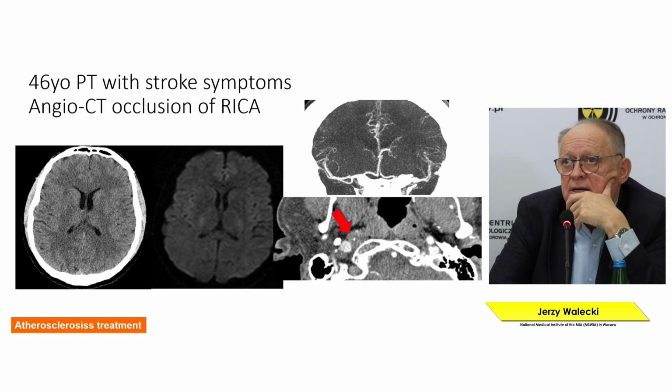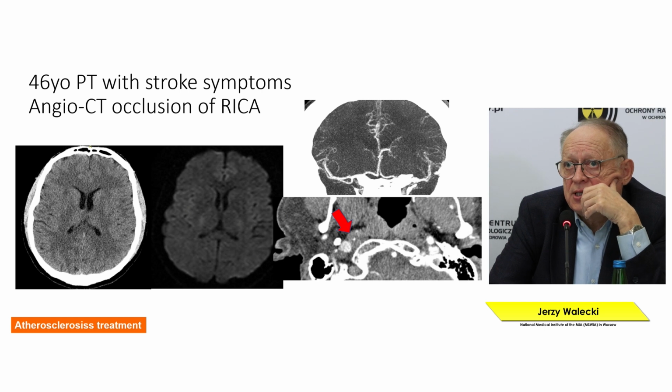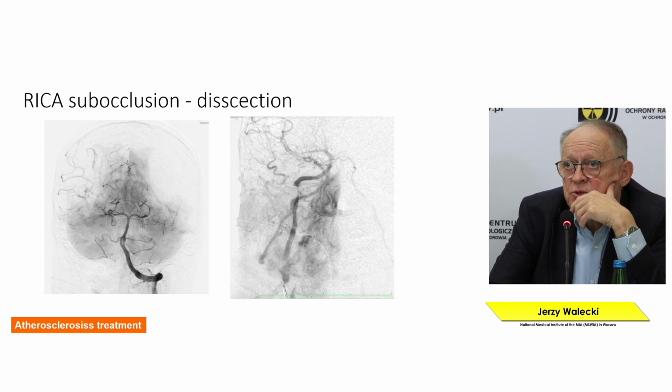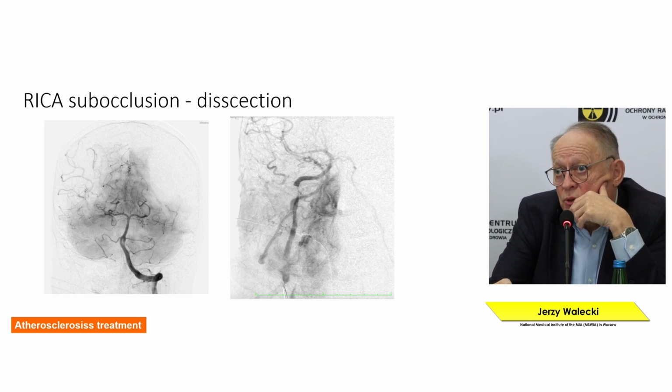And another patient with stroke symptoms. This is angio-CT, which shows occlusion of the carotid artery, and here we can see the dissection, a subocclusion dissection, which is quite critical because that led to the symptoms of stroke.